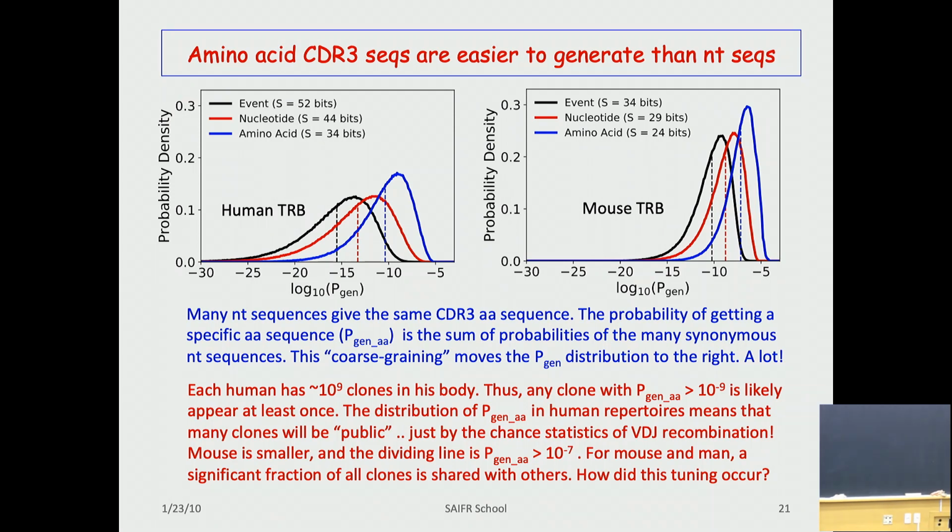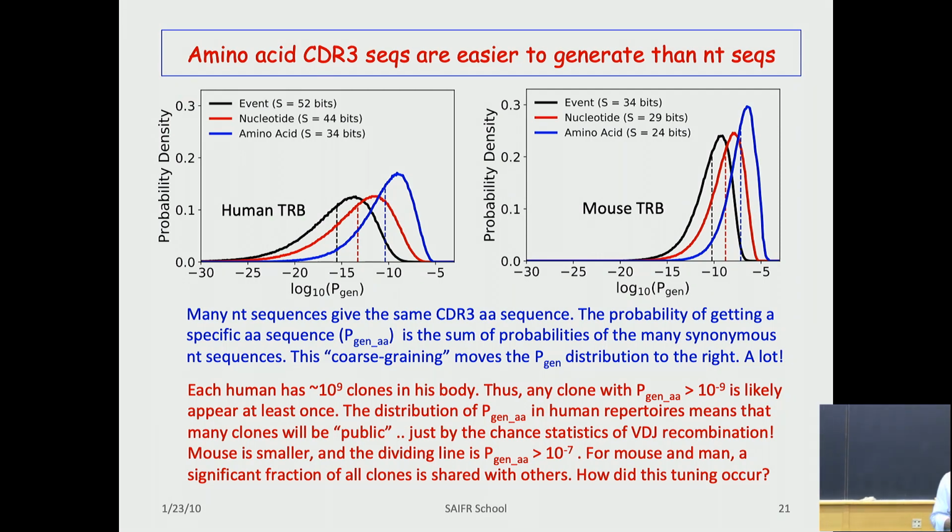So if I give you an amino acid sequence, obviously it has a much higher generation probability than that of any one of the nucleotide sequences that it is equivalent to. And the question is, how big an effect is that? Because these probability numbers are very small, and we're going to talk about how likely it is that you're going to see a T-cell receptor that does some particular job.